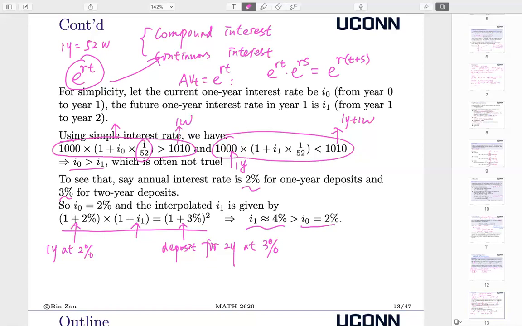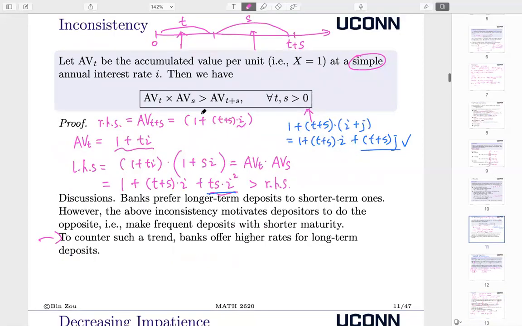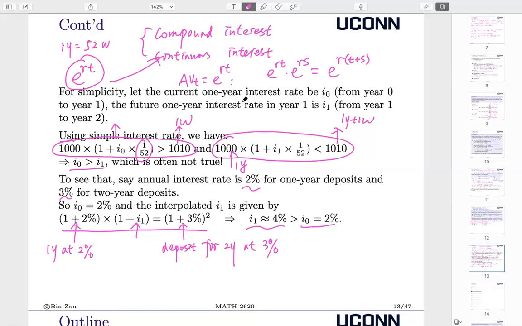So this is not what we observe. What we observe is this way, an inconsistency. But if we apply continuous interest rate, they should be independent. They should be consistent.